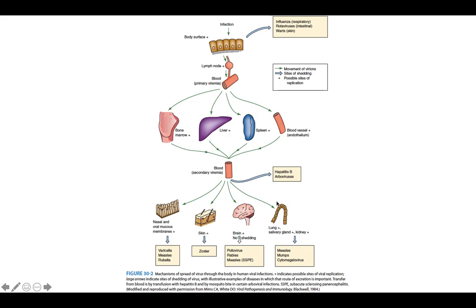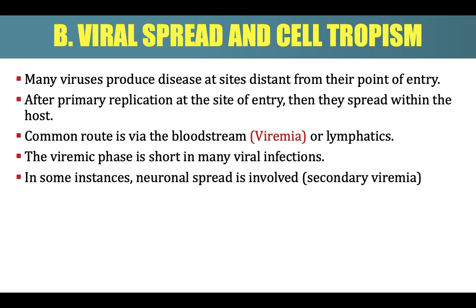But now let's see B. Virus spread and cell tropism. What does it mean by cell tropism? Cell tissue tropism is where the cells and tissue of a host support growth of the particular virus or bacterium. Remember cell tropism, where the cell of the host supports the growth of the particular viruses or maybe bacteria.